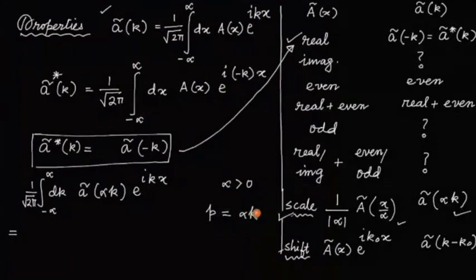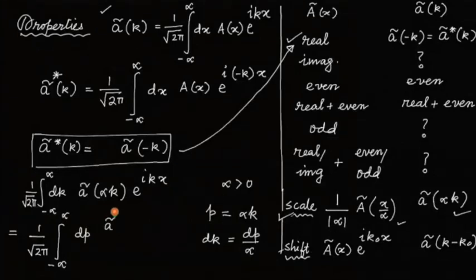So dk is dp by alpha, and I rewrite this integral in terms of p as dp, a tilde p by alpha, and here I write e to the i. k I will write as p by alpha, and x I will write as alpha x.